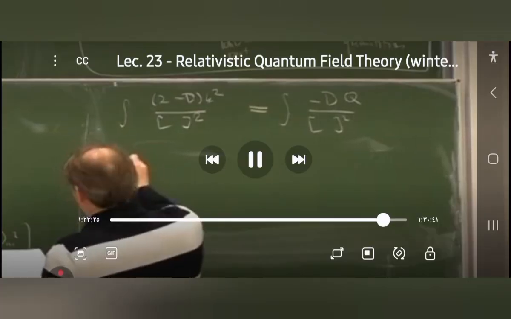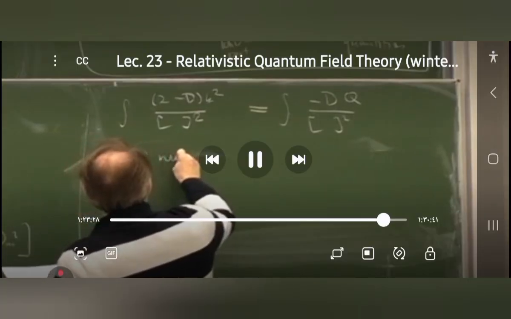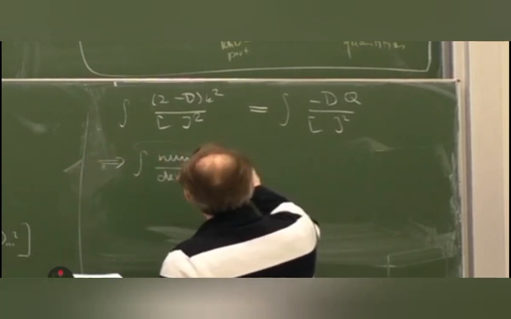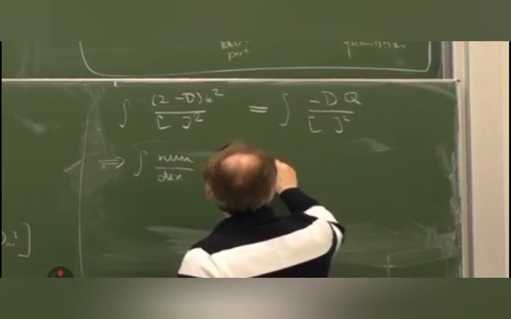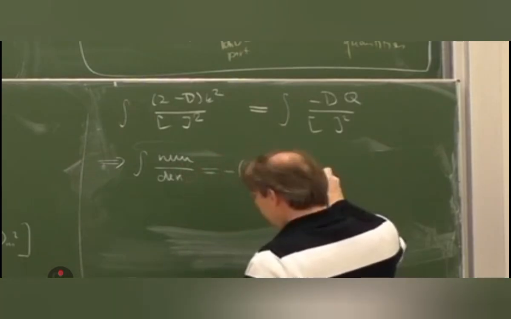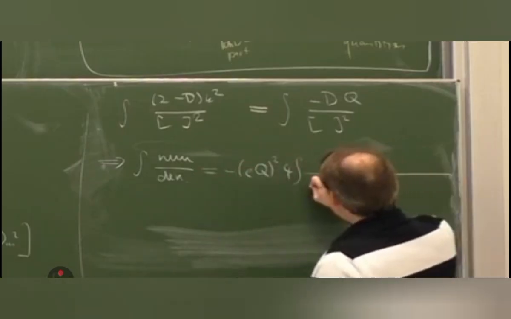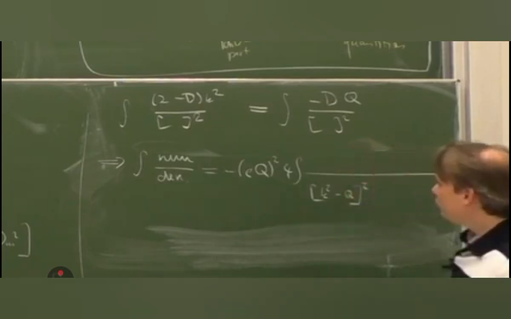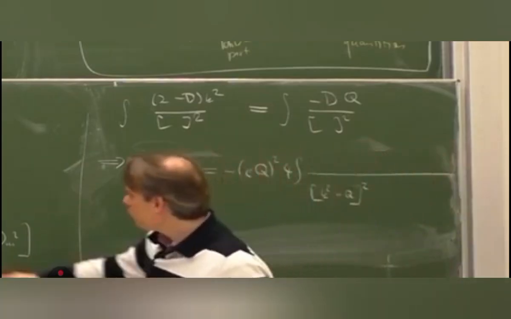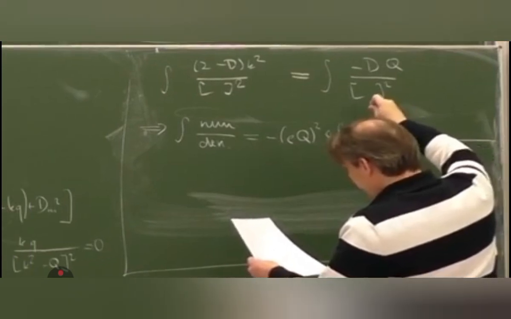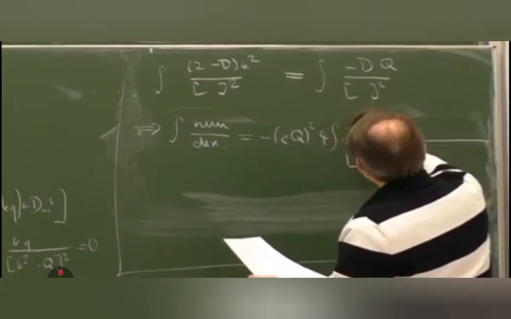And now we can write it down. So the integral of numerator divided by denominator is now equal to the following: minus e times q square times 4 times the integral. And what is now our integral? We have the denominator k square minus q squared. And in the numerator, let's collect: 2 minus d times k square has become minus d times q, minus d times q.